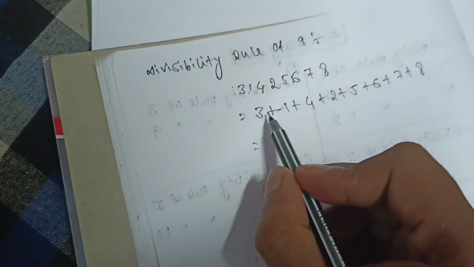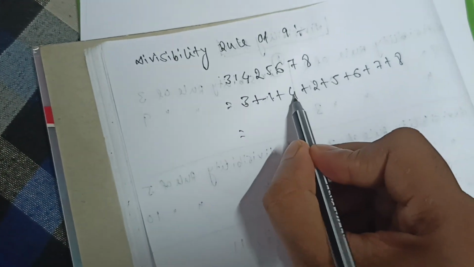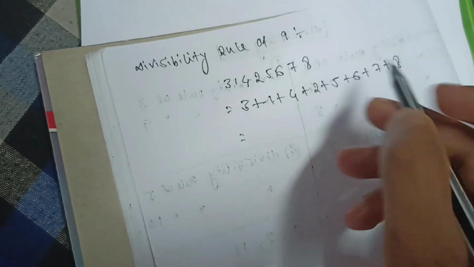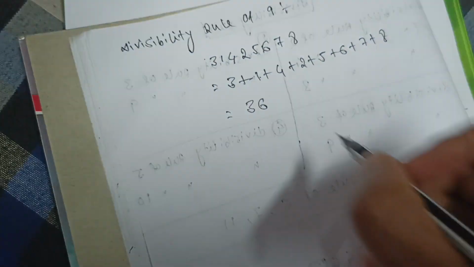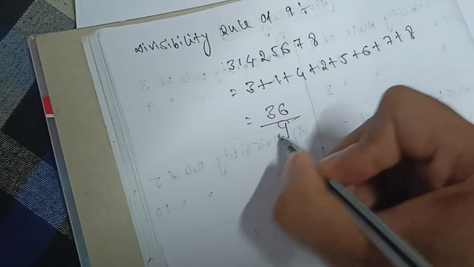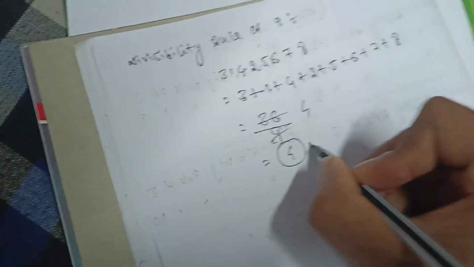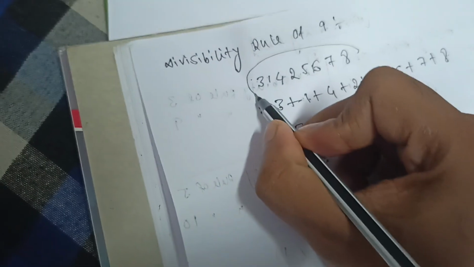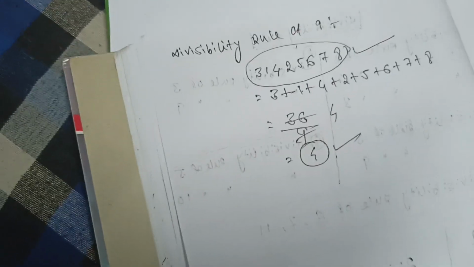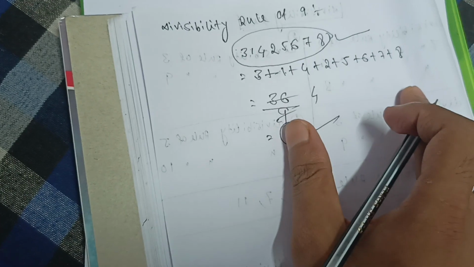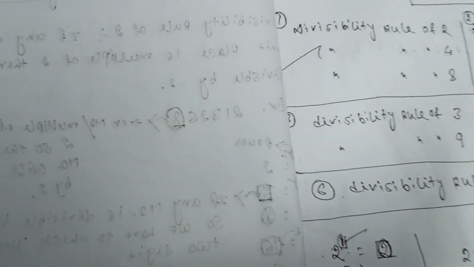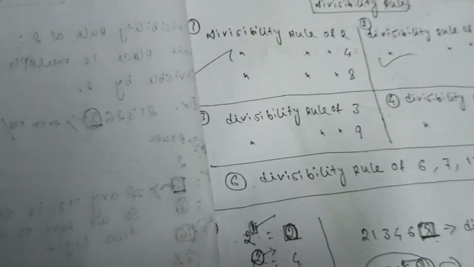What will I get? 4, 8, 10, 15, 21, 28, 36. Okay, 36 is divisible by 9. Yes, 36 is totally divisible by 9. So then we can say that the total number is also divisible by 9. It is similar to the divisibility rule of 3. That's why we have taken this in the same group. Okay, so these are also done.